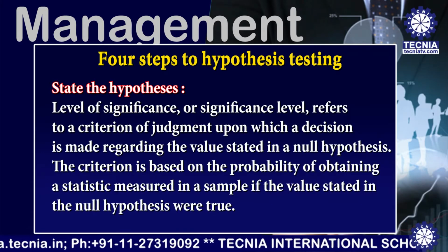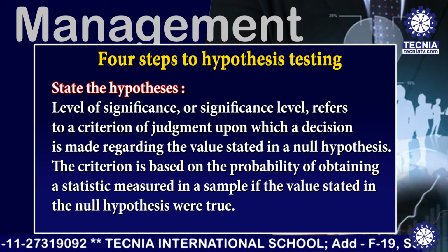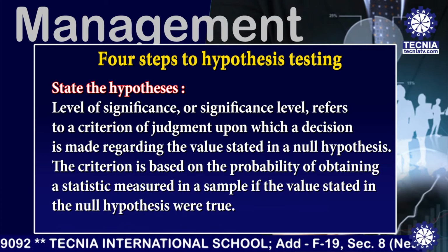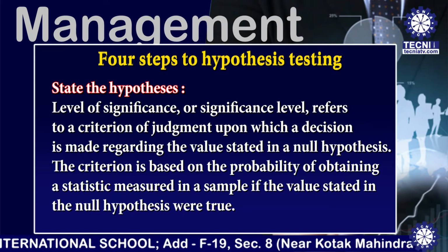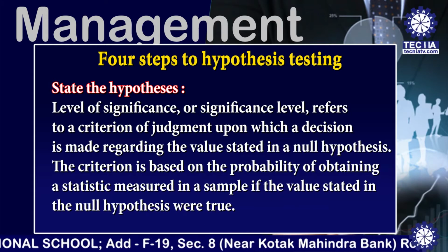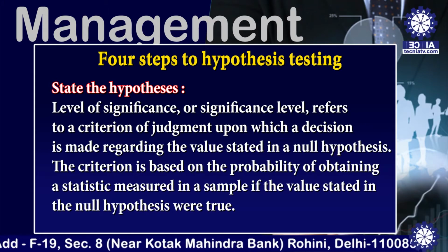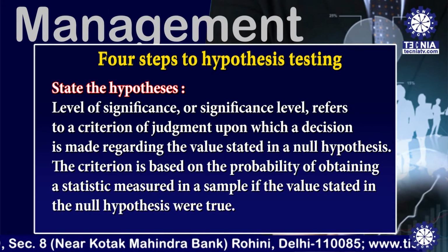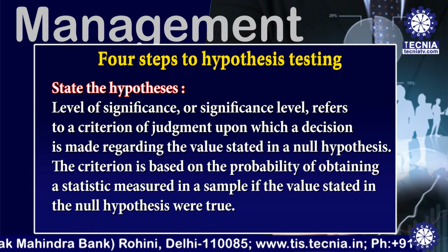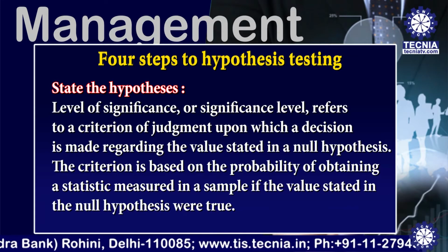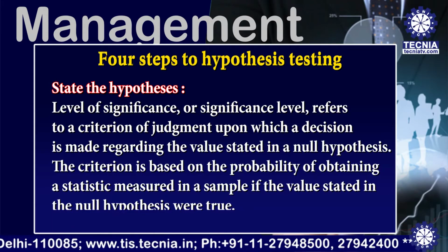Now, there is a term, the level of significance, or the significance level. It refers to the criteria of judgment upon which a decision is made regarding the value stated in the null hypothesis. The criteria is based on the probability of obtaining a statistic measured in a sample if the value stated in the null hypothesis were true.